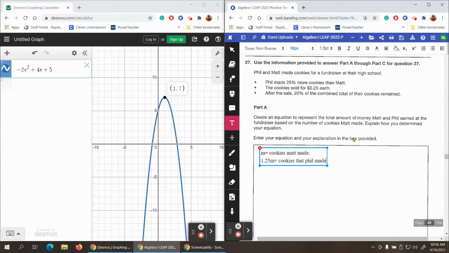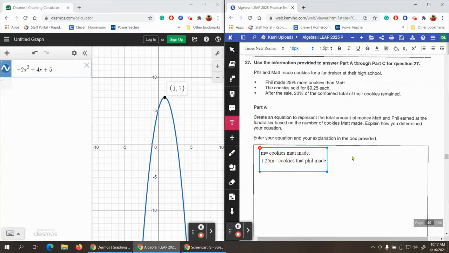Being that Phil made 25% more, he made the same amount, that's 100% plus 25% more. Okay, so they sold them at a quarter a piece. How many of them did they sell? They only sold 80% of the cookies that they have.